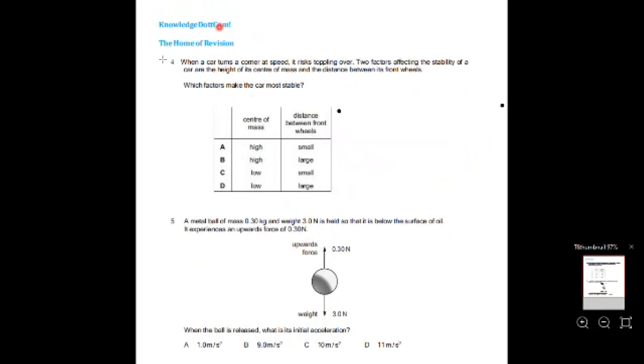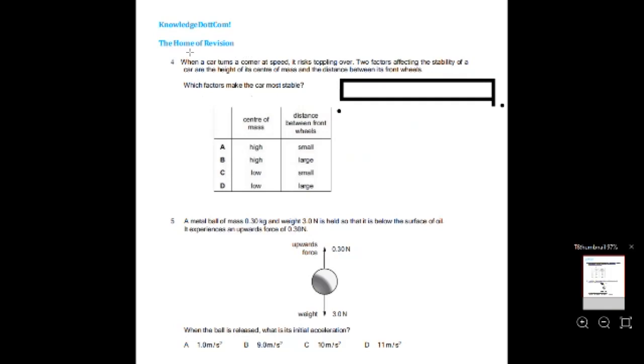Let's discuss stability. Suppose it's an object. If the center of mass is lower, near the base, then the object would be more stable.